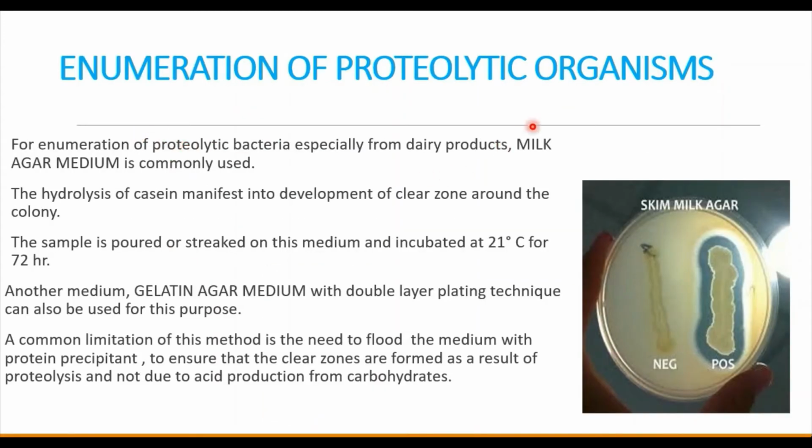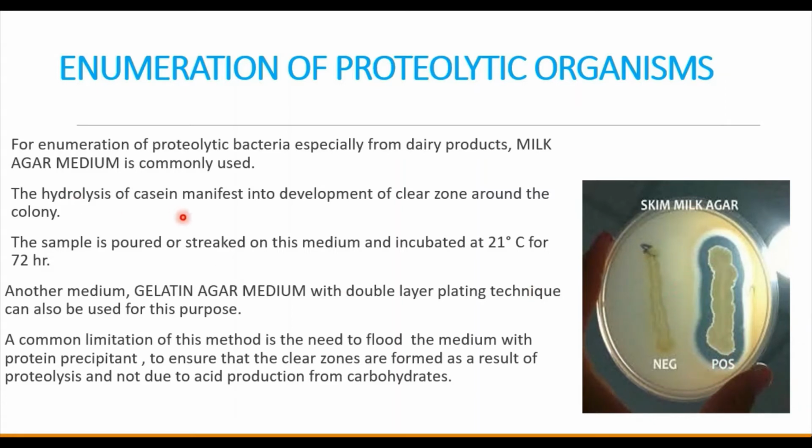How do we enumerate the proteolytic organisms? For enumeration of proteolytic bacteria, especially from dairy products, milk agar medium is commonly used. The hydrolysis of casein manifests as the development of a clear zone around the colony. Here you can see the clear zone of this protein hydrolysis.